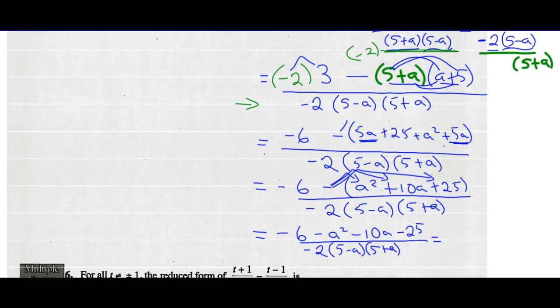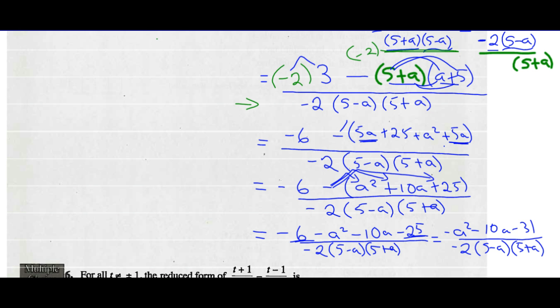Last step, simplify that numerator. Well, actually, let's combine like terms. Negative 6 minus 25. All right. So that's negative 31. So I got negative a squared minus 10a minus 31 all over my common denominator of negative 2 times 5 minus a times 5 plus a.